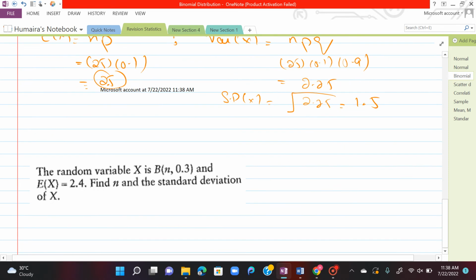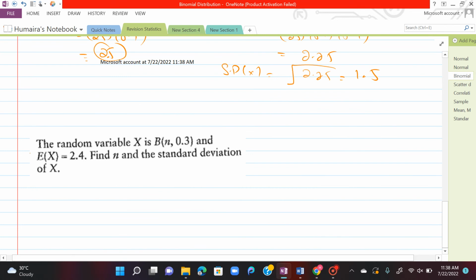Okay, and the last question is, because I am trying to cover all the concepts which can be asked during the exam or similar questions. So here n is this and p is this, so n is not known and p is known. Expected value is given to you. So what we have learned, the formula for the expected value is NP, right?